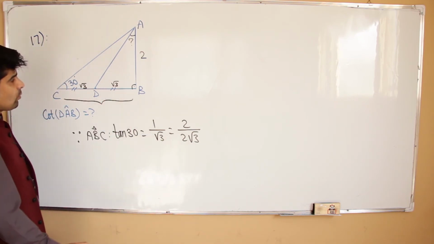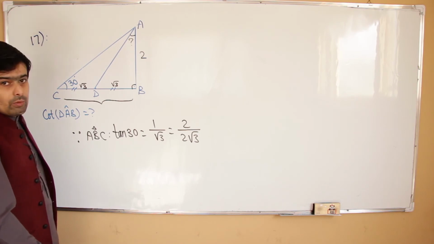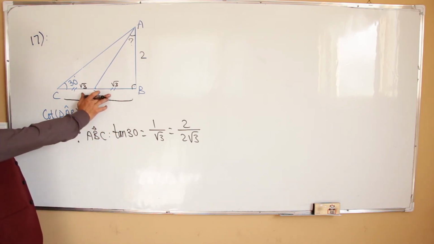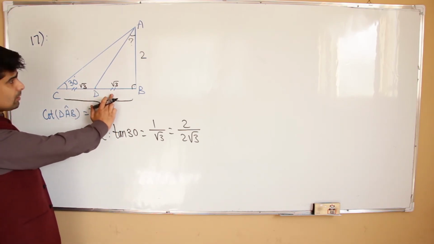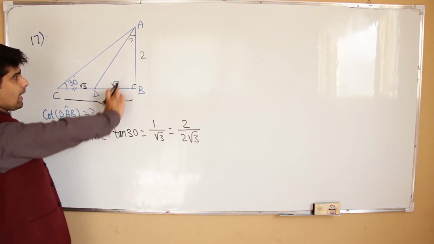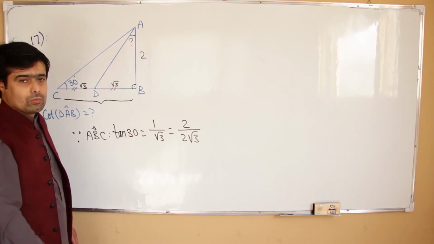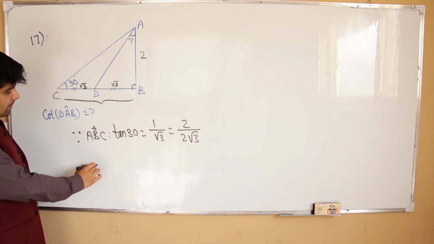So we have found that the adjacent is 2 root 3 and the opposite side is 2.